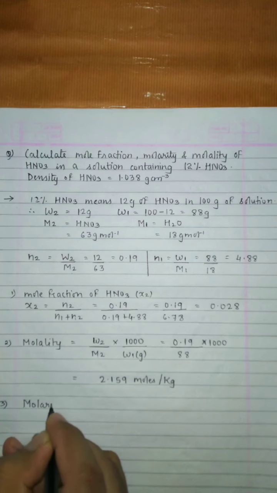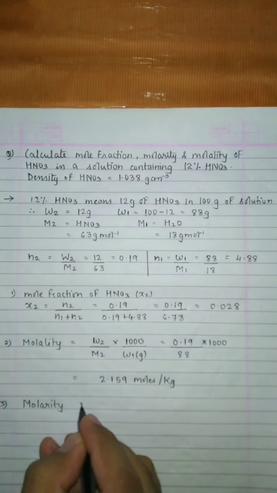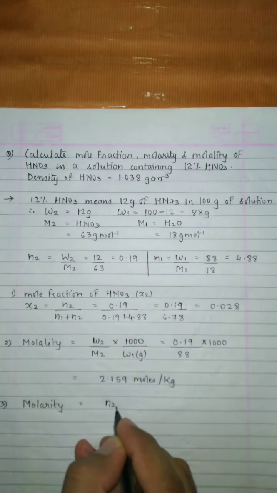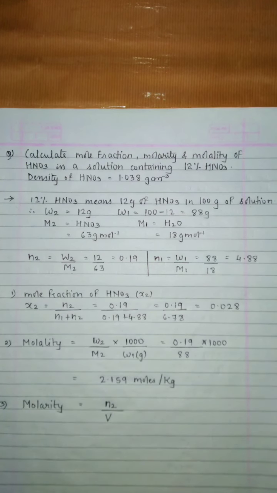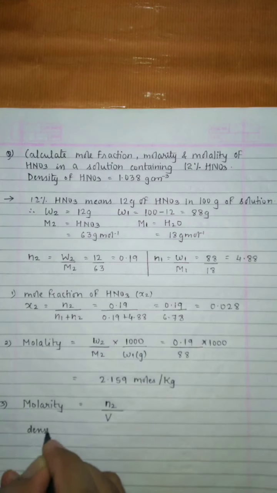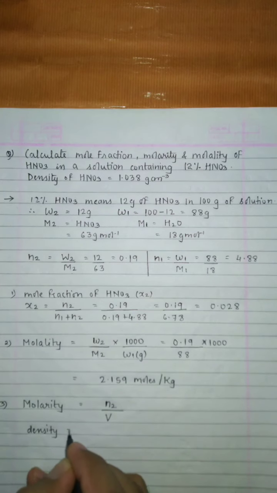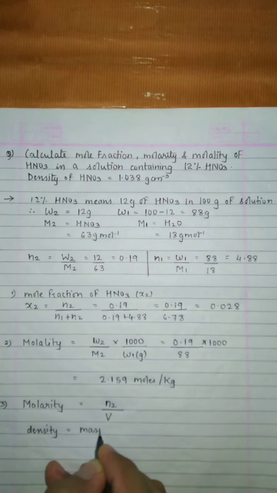And third thing, that is molarity. Now we know that for molarity, formula is number of moles of solute upon volume, but volume is not given. So first I'm going to use the formula density is equal to mass upon volume.